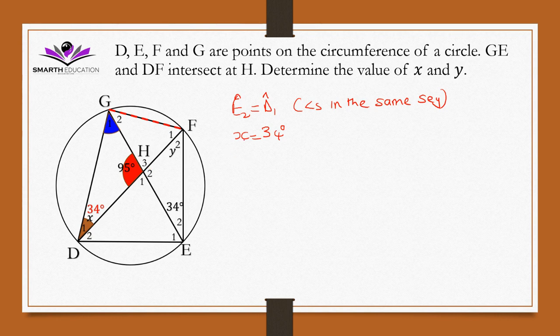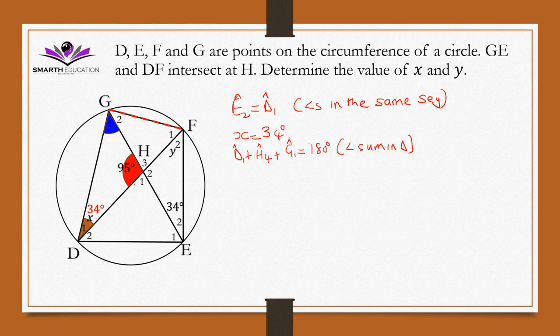So here we can say, D1, angle D1 plus angle H4 plus angle G1 is equal to 180 degrees, because this is angle sum in a triangle, right?